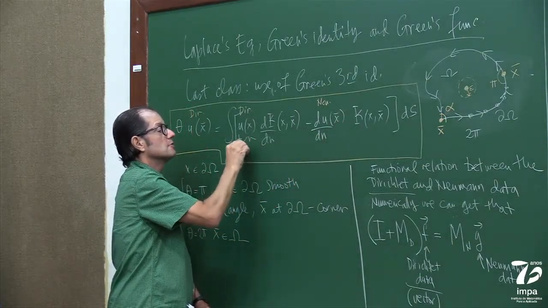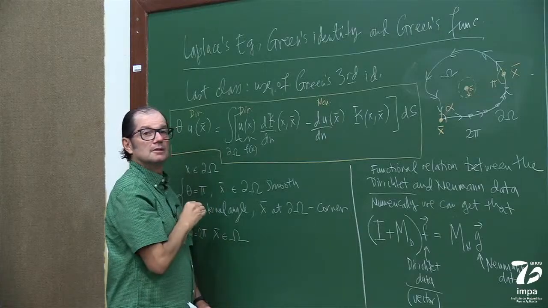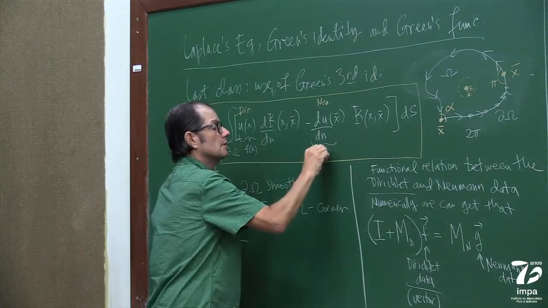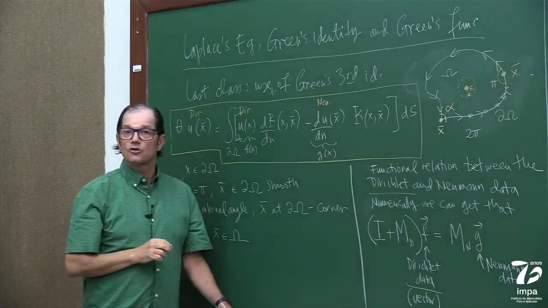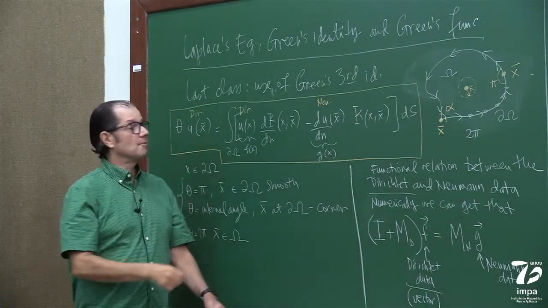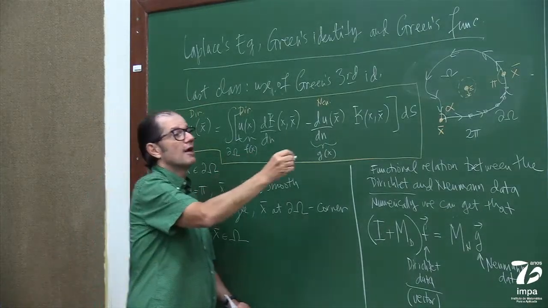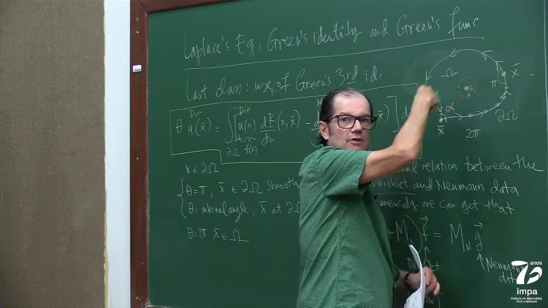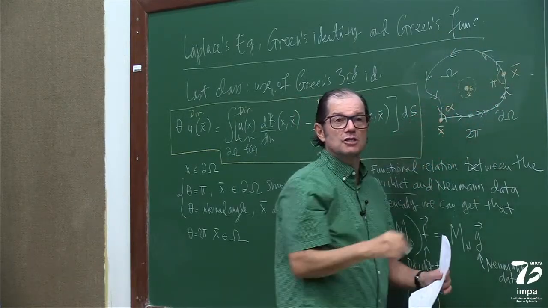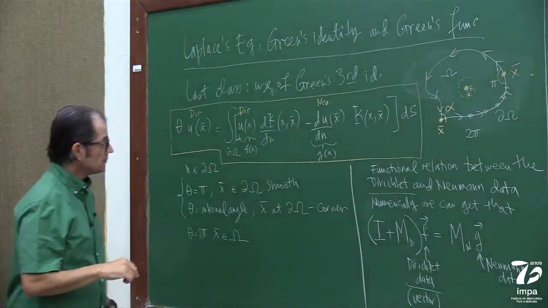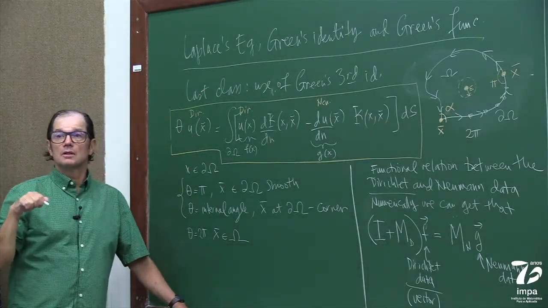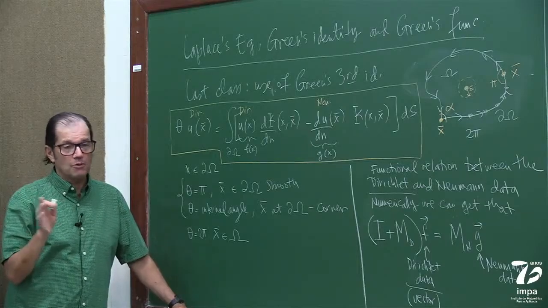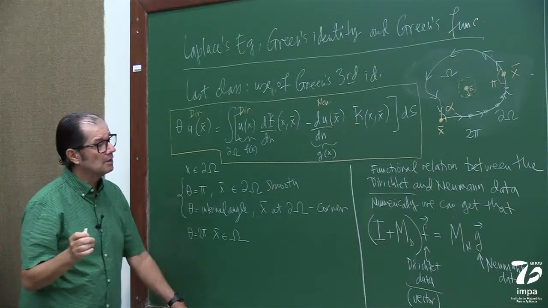What I'm calling here is f of x, the Dirichlet data, and g of x, the Neumann data, as I did before. I'm going to organize these discrete values on the vector, either for the f or the g. Sometimes this is not such a straightforward numerical problem, but still, the idea is here.